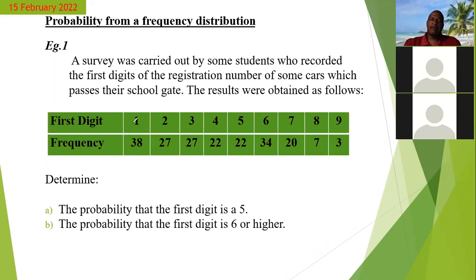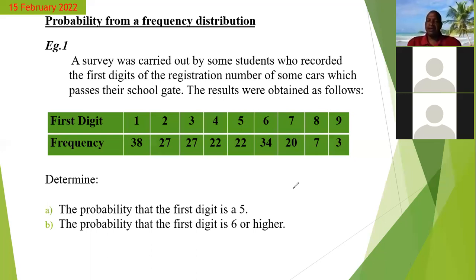And remember that the frequency tells you how many times this first digit 1 occurs. The first digit being 2, the frequency tells you how many times the first digit 2 occurs, and so on. So I'm asking you now, how would you be able to use this table to determine the probability that the first digit would be a 5?